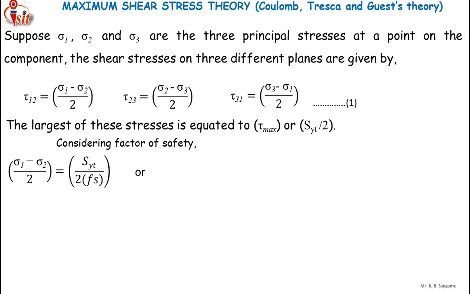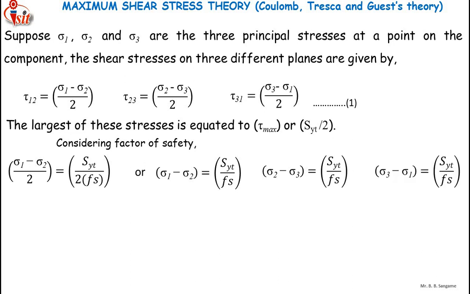The same equation can be written as sigma 1 minus sigma 2 equals SYT divided by factor of safety. Here SYT is the yield strength in tension, and as we have discussed, the maximum shear stress is half of the yield stress in tension. Similarly, sigma 2 minus sigma 3 equals SYT divided by factor of safety, and sigma 3 minus sigma 1 equals SYT, the yield strength in tension, divided by factor of safety.